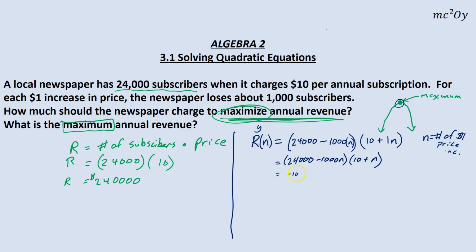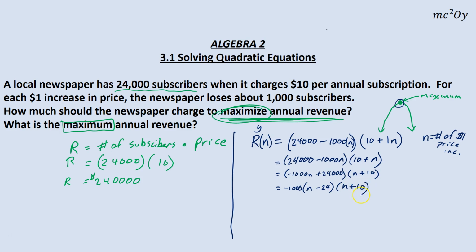I'm going to write this as negative 1,000 N plus 24,000 times N plus 10. Then I'm going to factor out this 1,000 because I can solve this fairly easily if I can find the intercepts. If I take out negative 1,000 of the first quantity, I'm left with N minus 24 and N plus 10.